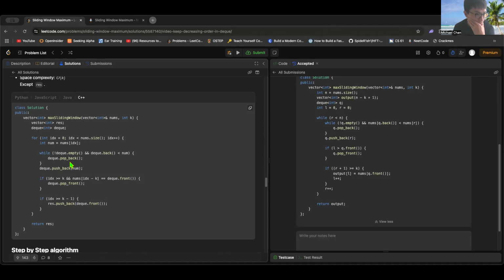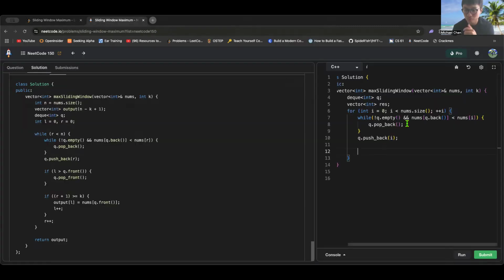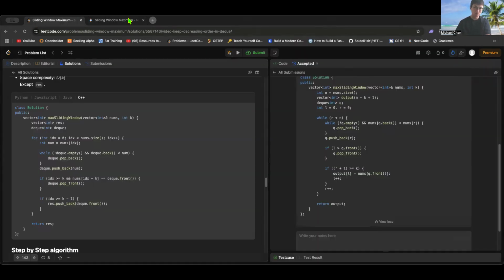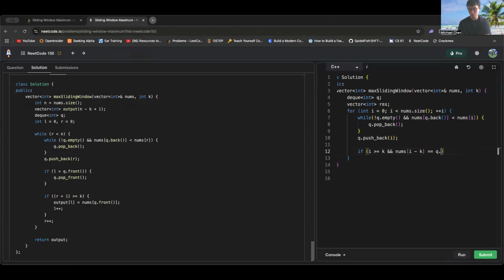If idx is bigger than k, nums i minus k is equal to q dot front, and the number i minus k, then q dot pop front, right?